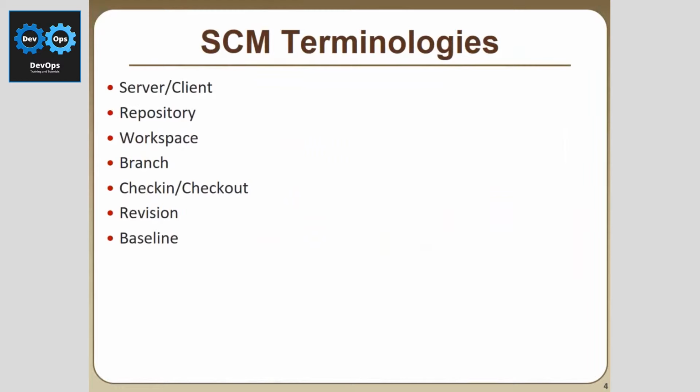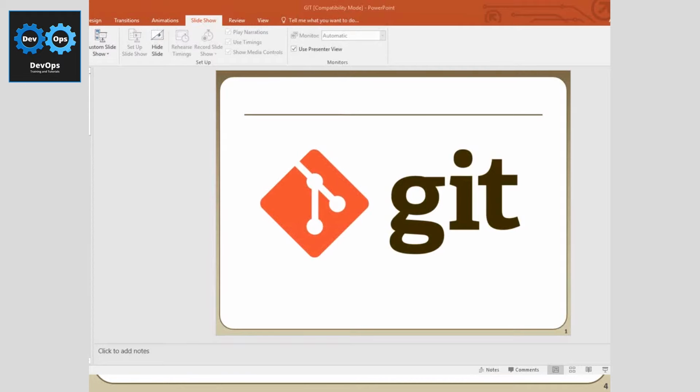But we also have many other tools like Subversion, Perforce, or ClearCase. What is the advantage of each of them is independent. But the focus is that there are certain common terminologies used in SCM that we will also be using in Git. So first let's understand them and then jump on to the actual Git.